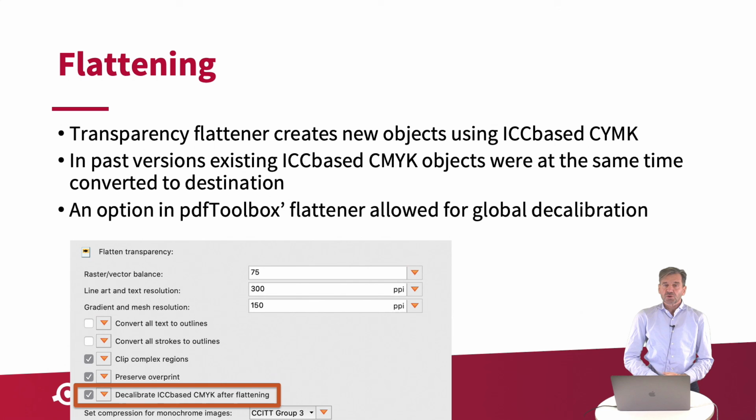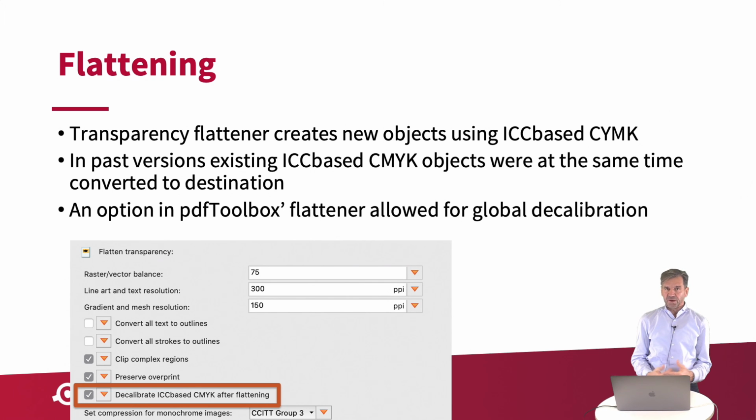As usual in new versions of pdfToolbox, in major versions at least, we update the internal Adobe PDF library that we're using. And this update, in this case, created some problems when it comes to transparency flattening. In order to explain that, I need to explain a little bit about the background.